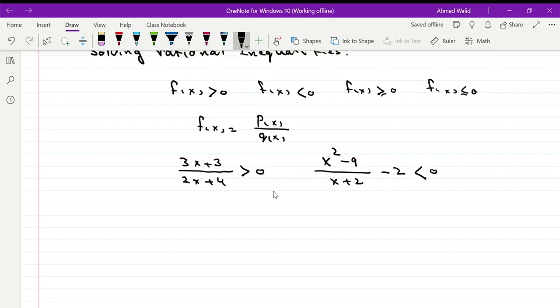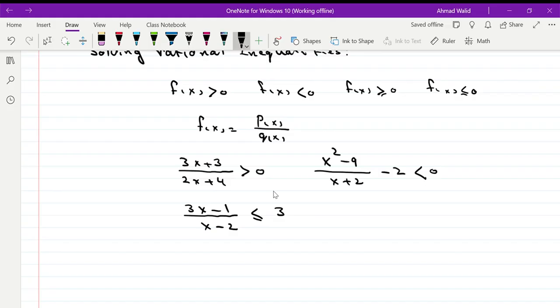Or maybe 3x minus 1 over x minus 2 less than equal, let's say, 3. Correct? All of them, we call them what? Rational inequality. You have your f of x is actually equal to p of x over q of x. And all of them is in the form of less than, greater, less than equal, or greater equal 0.